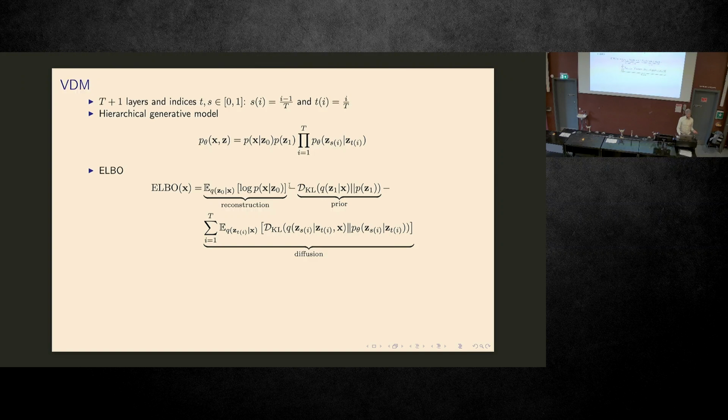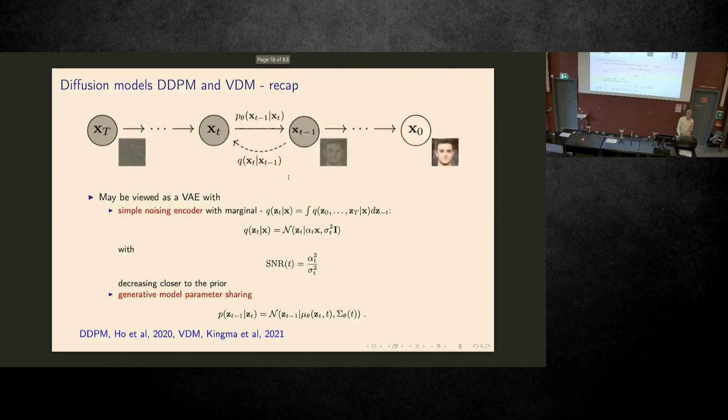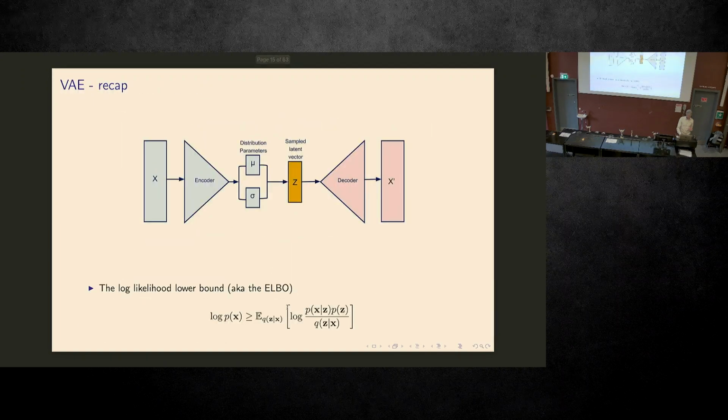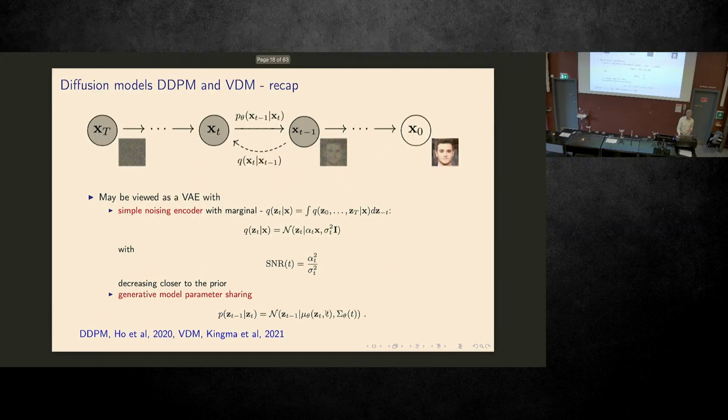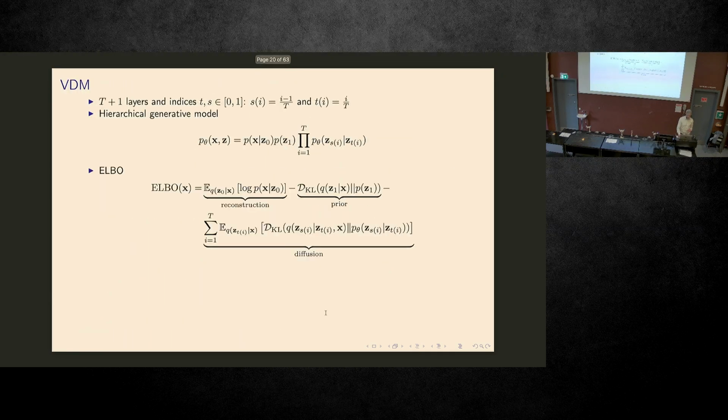Then you can write down the ELBO, the evidence lower bound, or the log likelihood lower bound. Let me just repeat it. This is just this term, but now we have T plus 1 layers. So it gets 3 terms. It gets a term we call the reconstruction term, because it's like the expected log likelihood.